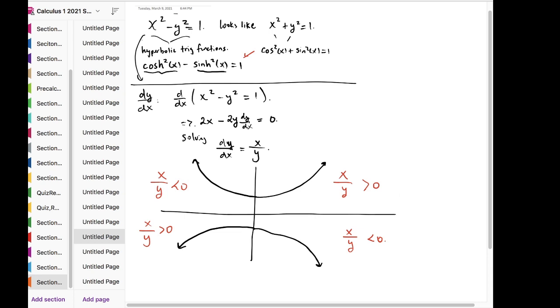Okay, so this makes sense based on our picture, right? All tangent lines over here are pointing upward. All tangent lines here are pointing downward. All tangent lines here are pointing upward.